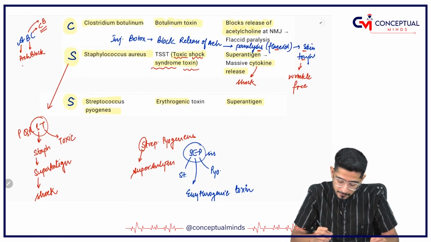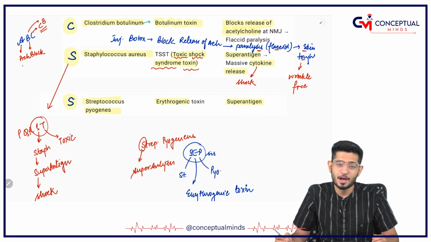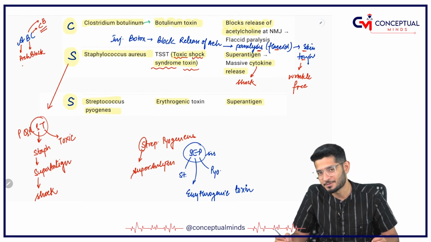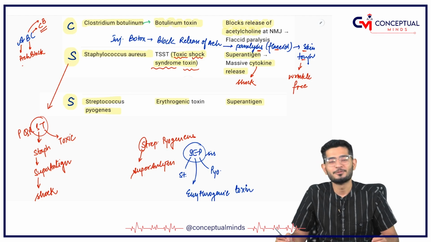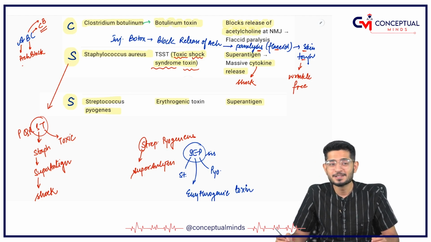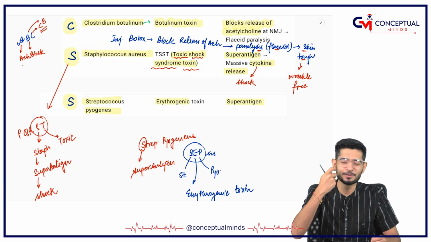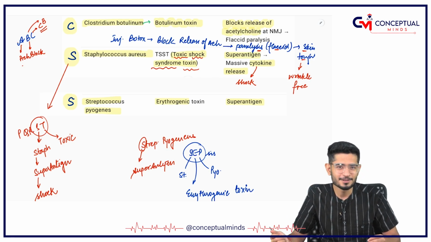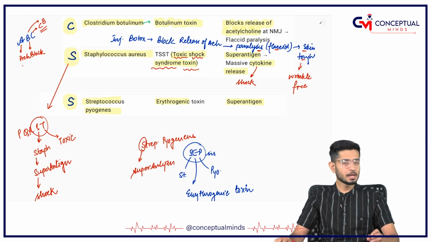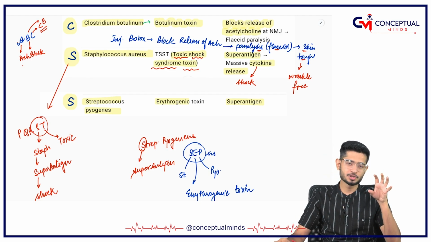That is responsible for release of botulinum toxin. All the girls out there who are studying with us, you're very much aware. Sir, do you know that we inject botulinum toxin so that there will be no wrinkles? You are aware. How? Everybody knows acetylcholine is responsible for the action of the muscle.